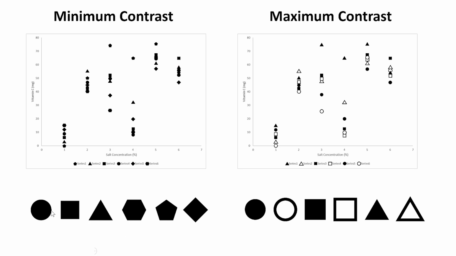But on the left, if they all have a similar color, it's very difficult to distinguish between a circular or a hexagonal shape. So just keep that in mind. Have different shapes and also alternate between the colors. If you want to print it in white and black, it's much easier to see, right?